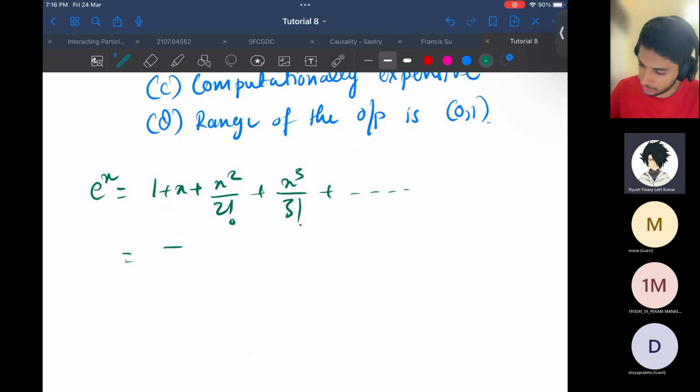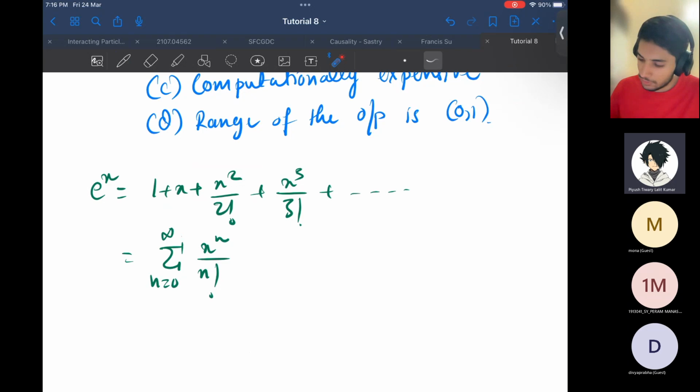So this is the summation of x raised to n by n factorial, where n goes from 0 to infinity. Calculating this is actually expensive because you have to do this summation for very many terms. If you want to look it up, look at fast exponentiation.